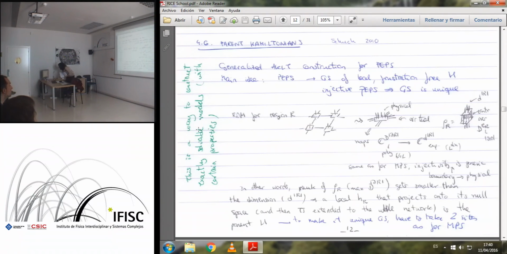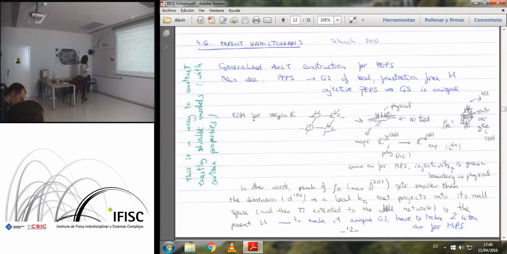So there is also parent Hamiltonian construction, which is actually basically the same one as for MPS. It generalizes directly.